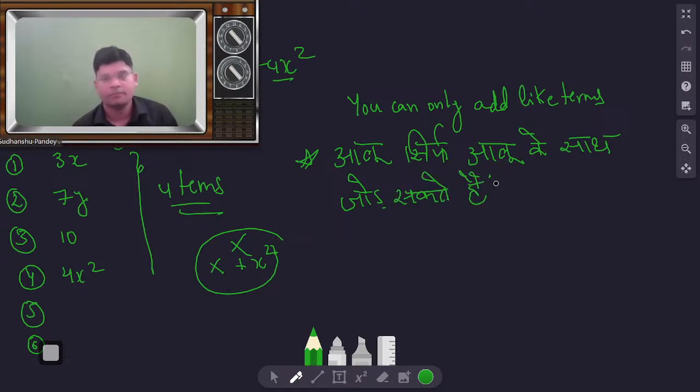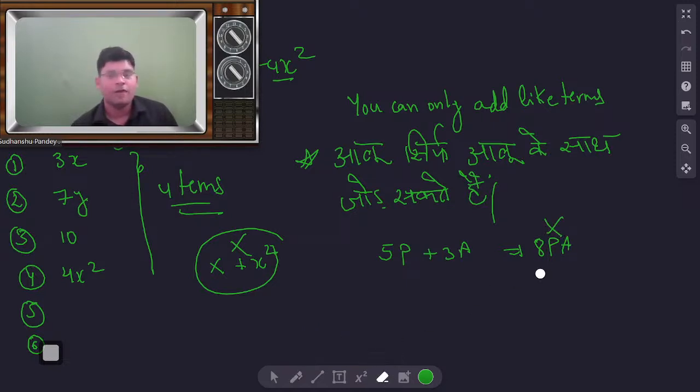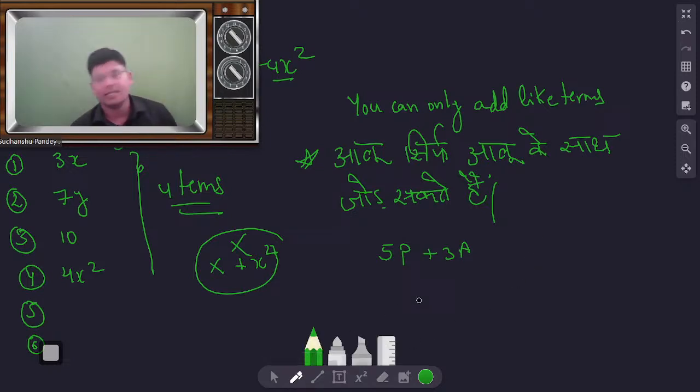You can only add potato to potato. You cannot add potato and apple together. If I ask you how much is 5 potatoes plus 3 apples, are you going to say that I am having 8 potato apple? No. 5 potato plus 3 apple is going to be 5 potato and 3 apple only. You cannot add them. Alright?